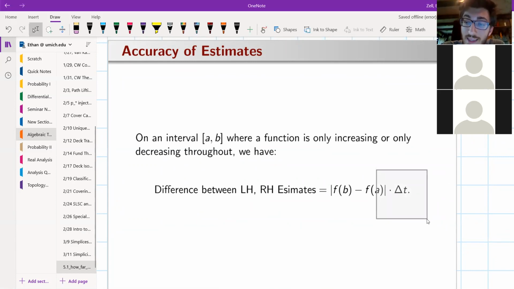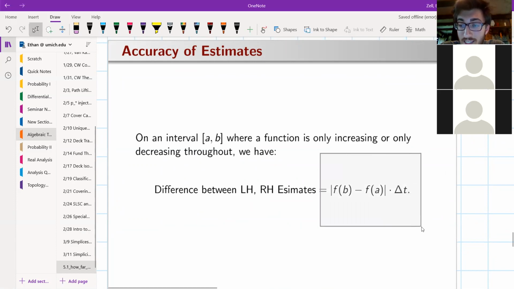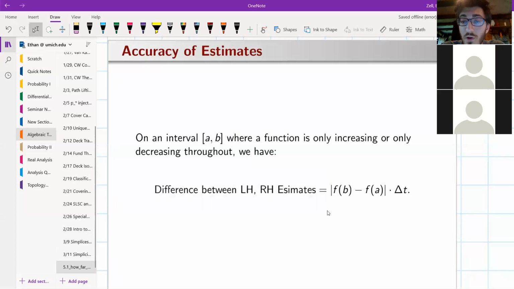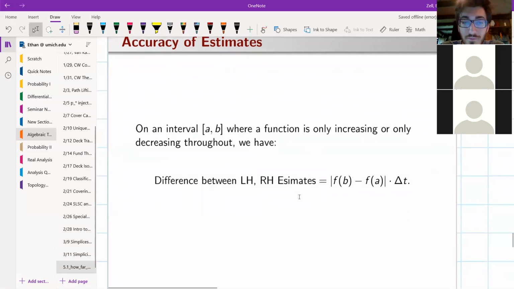Notably, as delta t goes to 0, the whole right-hand side goes to 0, right? That means the difference between my estimates gets very, very small. So as my approximation becomes closer and closer, the left and right-hand estimates will not disagree. They will agree very nicely.